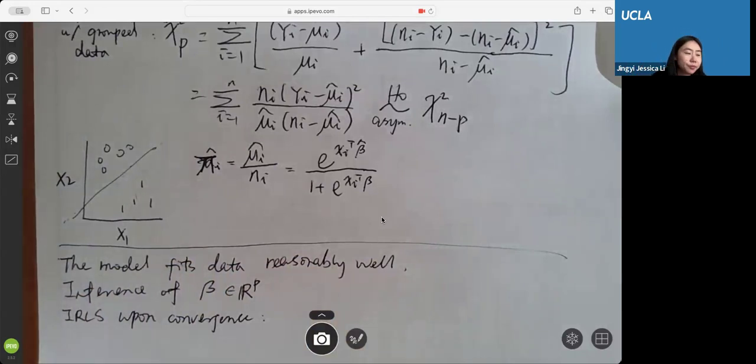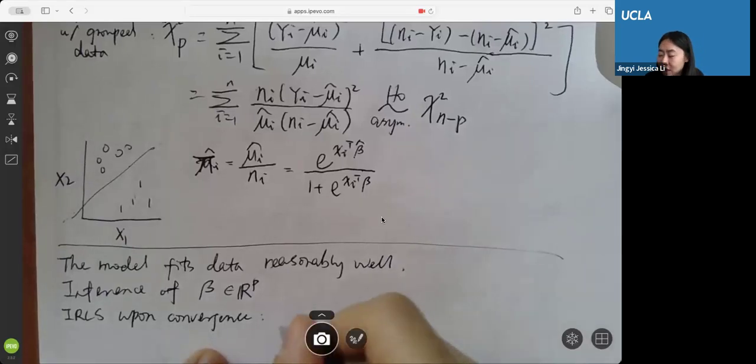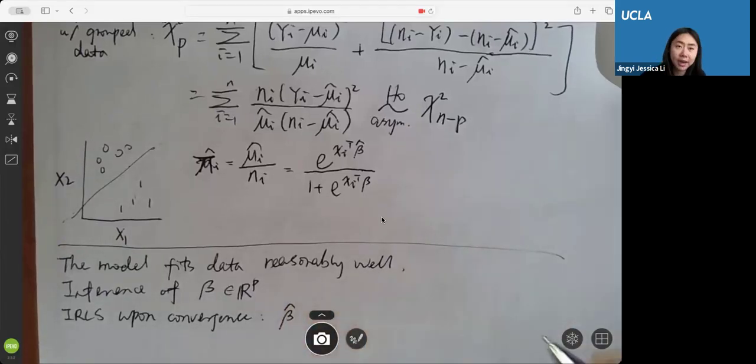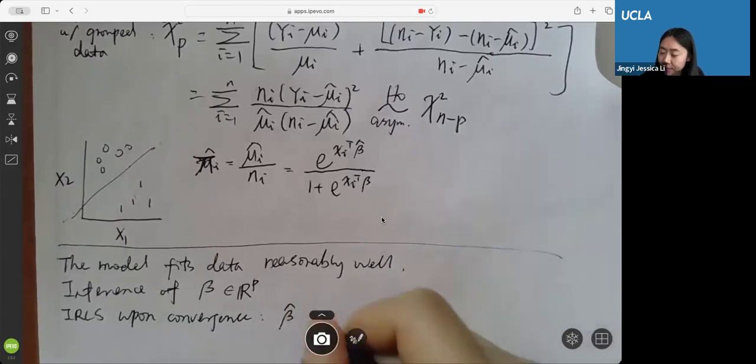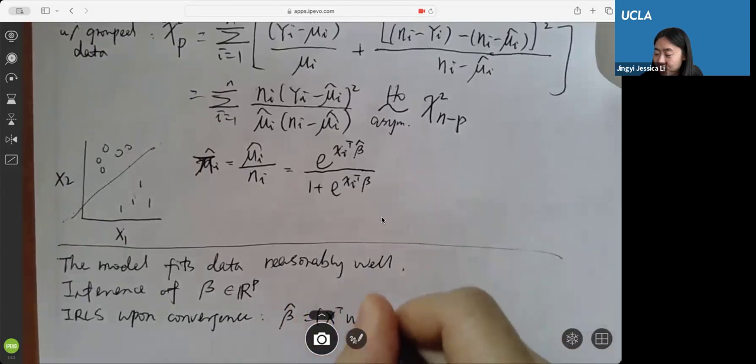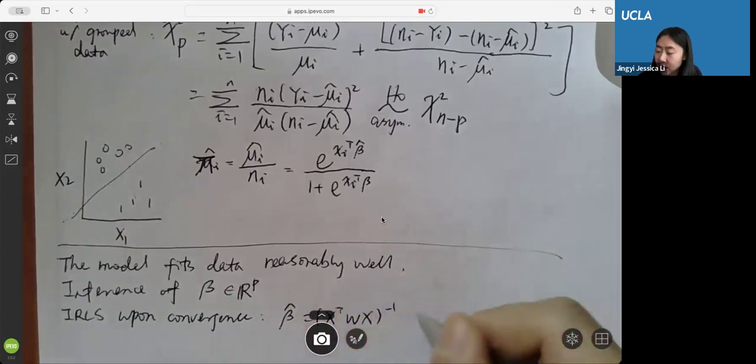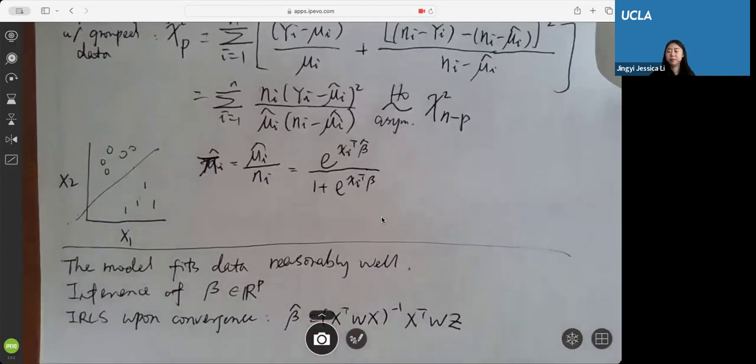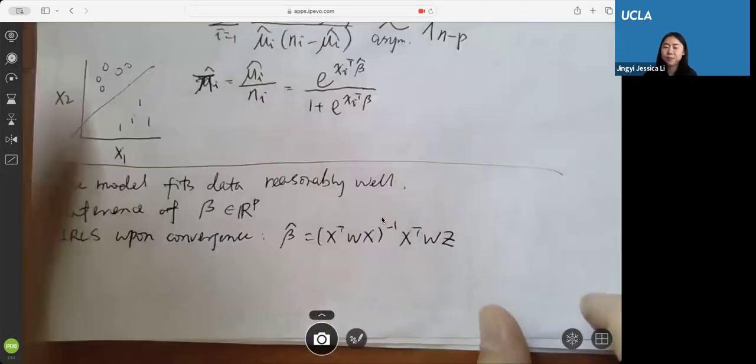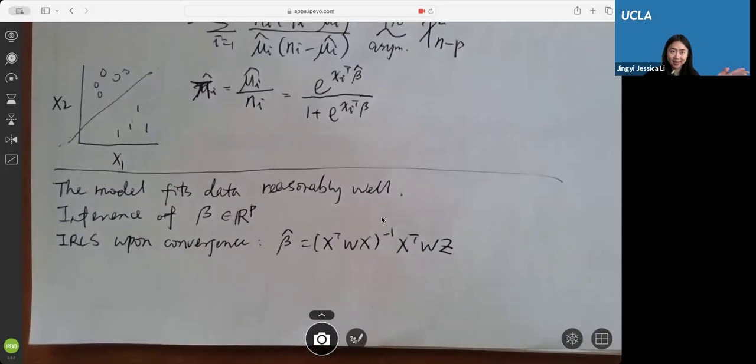And that's where you stop. So in the last iteration, we can just write beta hat as X transpose WX inverse X transpose WZ. So essentially, you are stopped at where the solution is just a weighted least square solution.